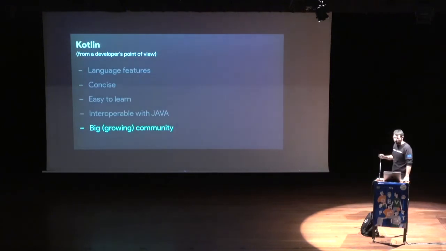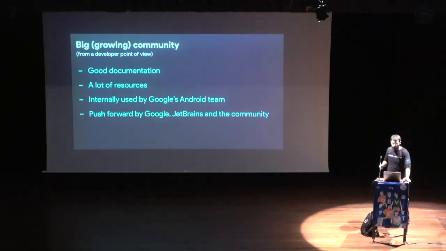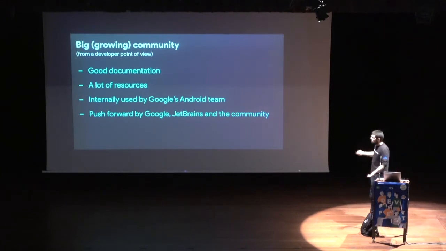Another cool thing, Kotlin has a big growing community. It has a lot of documentation out there. You have the Kotlin Lang website with a lot of articles, talks, and examples. You can compile the code online. It's used internally by the Android team, and it's really being pushed forward by Google, JetBrains, and the Android community.